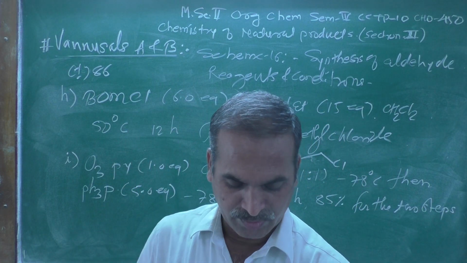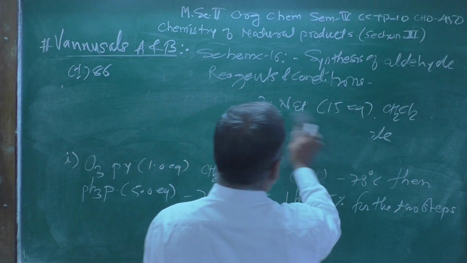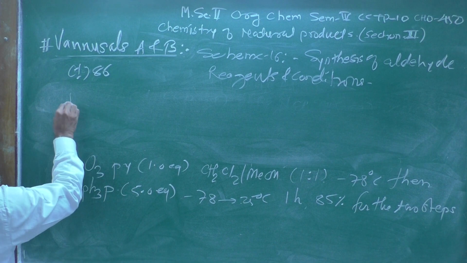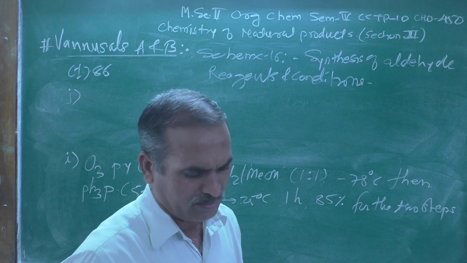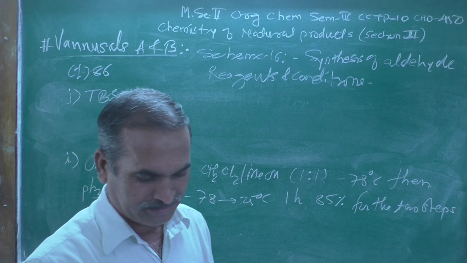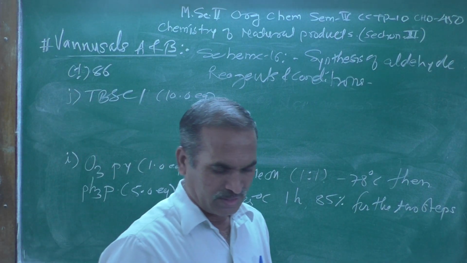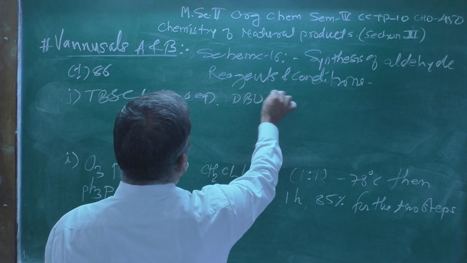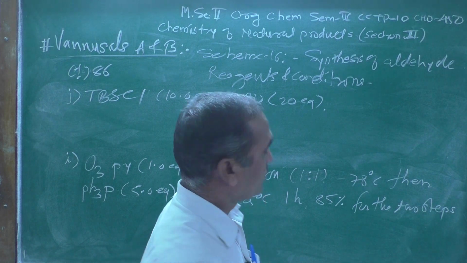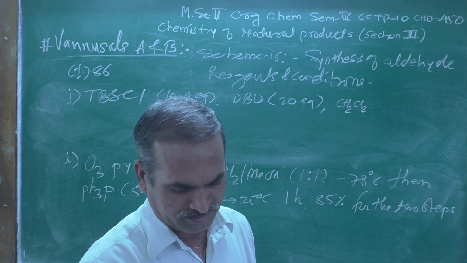And now the next reagent they used, let us see over here, after I the letter that follows is J, and J is TBSCl, that is tert-butyldimethylsilyl chloride, which was taken at around 10.0 equivalent, in the presence of DBU, which was taken at around 20 equivalent, and the solvent employed was CH2Cl2, DCM, dichloromethane.